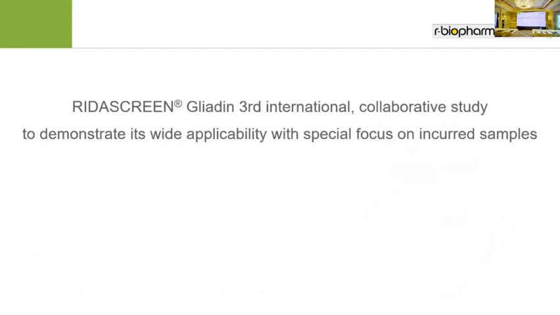Now, to find out if our method is able to detect also gluten from heat-processed samples, not only from native samples, and from a wide range of different food samples, not only rice and corn-based, we did this third international collaborative study.